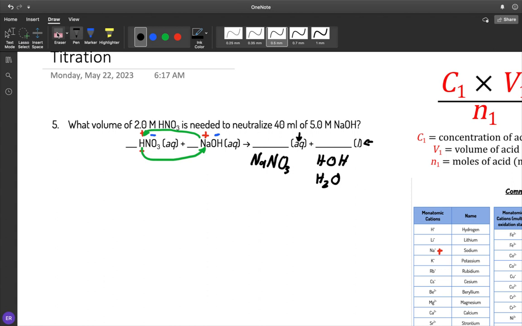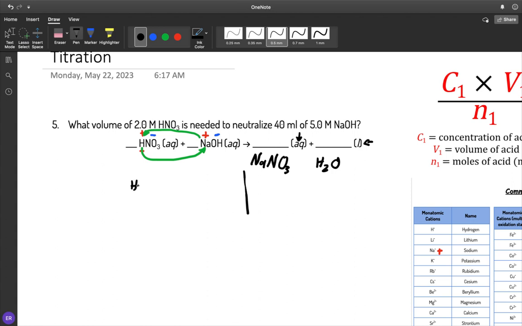Let me go ahead and erase the HOH and move up our H2O. Okay, now we are going to balance. So let's go ahead and list all of our elements.